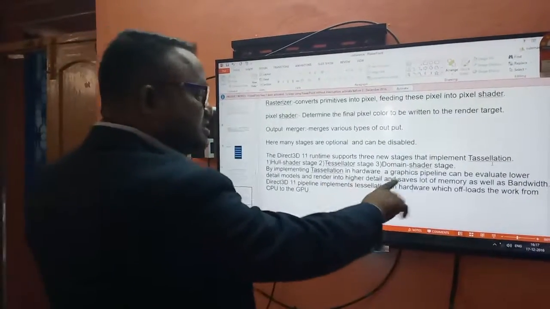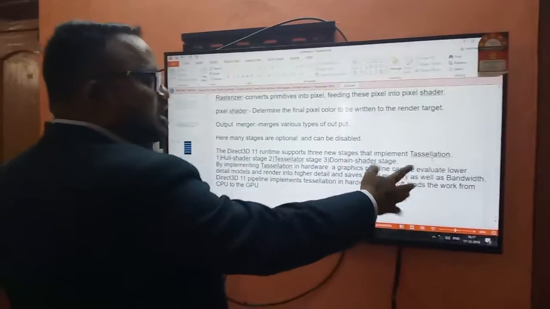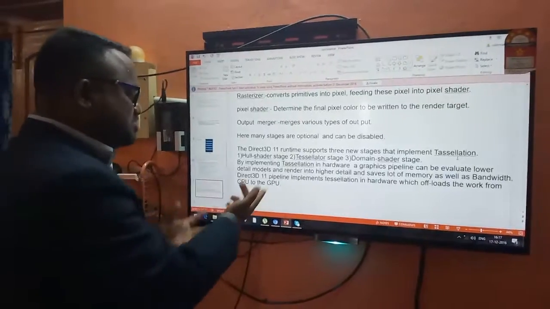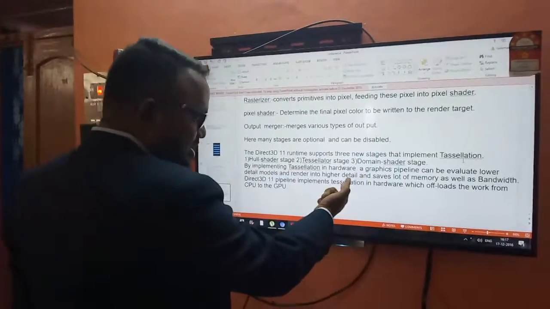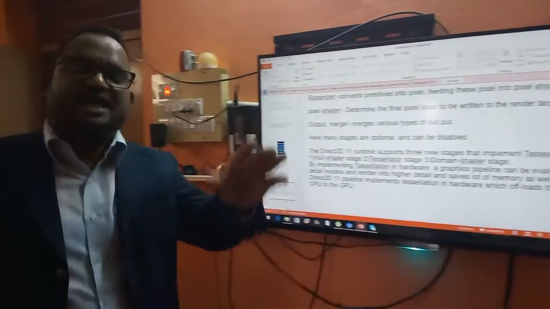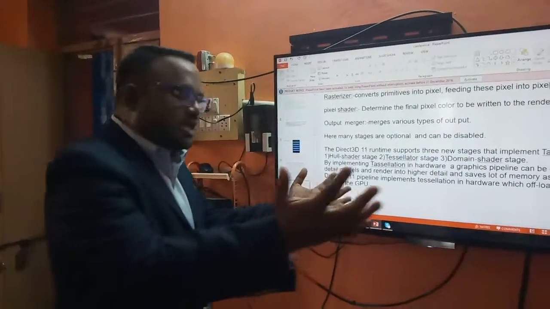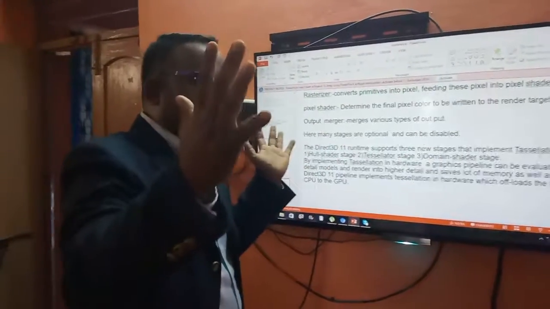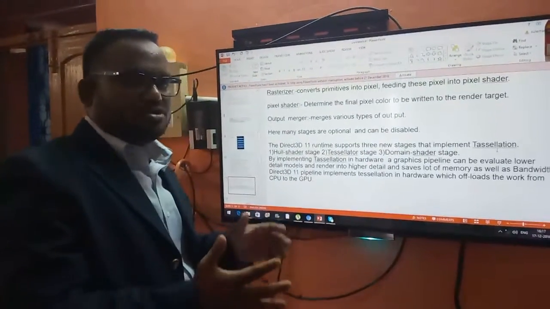By implementing tessellation in hardware, the graphics pipeline can evaluate lower detail models and render them into higher detail and save a lot of memory as well as bandwidth. That means we can save a lot of energy as well as bandwidth. Why?